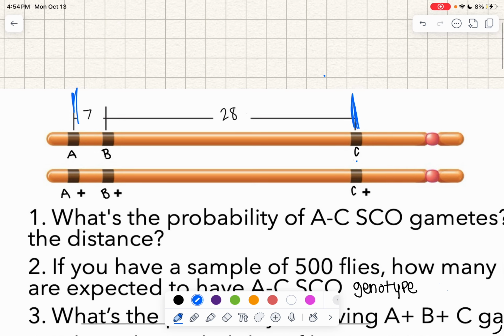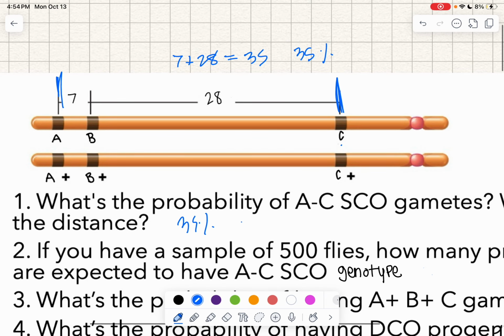So if it's asking for the probability of having A to C recombinant gametes, we have to add, because it's giving us 7 and 28. So 7 plus 28 is equal to 35. So 35% of the gametes will have a recombinant genotype. That can also be written as 0.35.